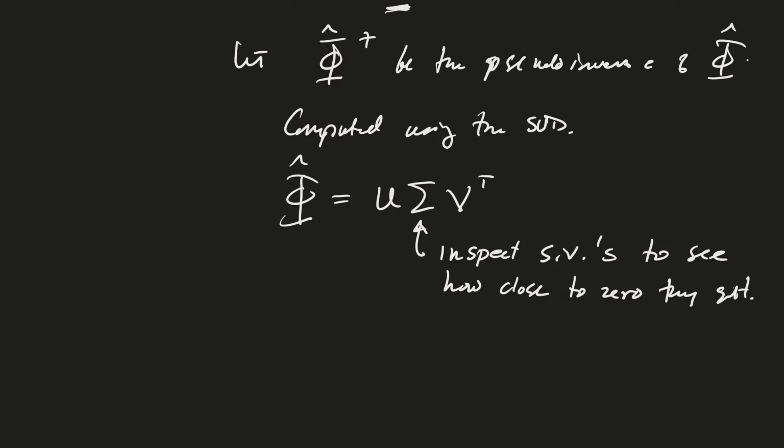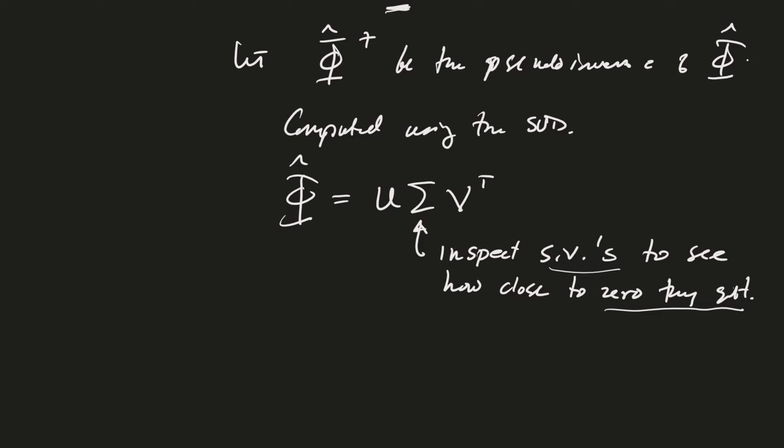Now remember, Phi hat is a wide matrix. And so we're hoping that Phi hat is actually going to be full rank, but it may not be. And so you can see how close to 0 they get.